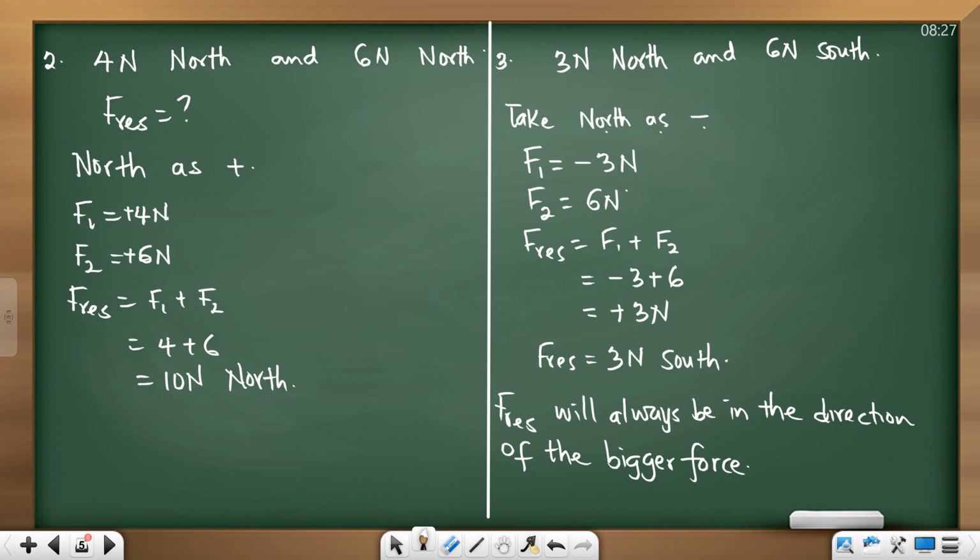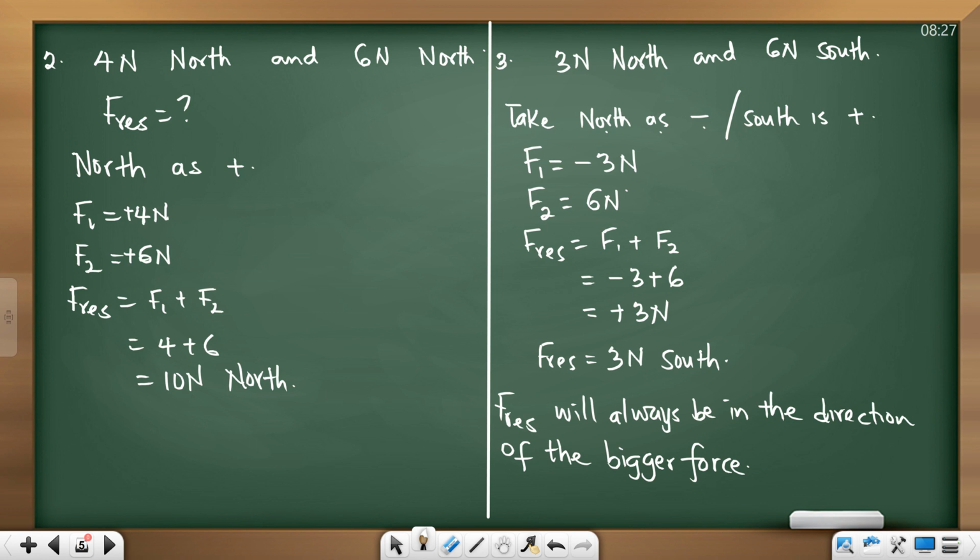All right? You can. It's just a matter of interpretation. So if I say north is negative, it means that south is then positive. But you can.